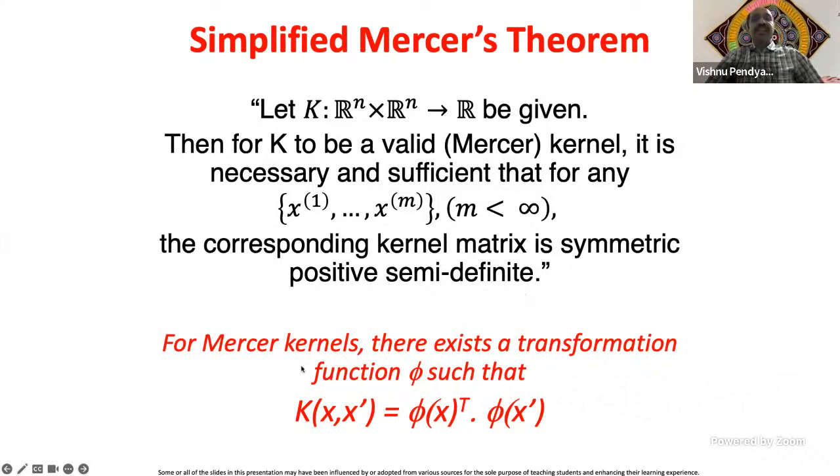And for Mercer kernels, it is proven that there exists a transformation function phi such that the kernel of two vectors is the dot product or the inner product of the transformed vectors. Isn't that cool? So now we are solving our problem. We now came up with a function which can express the inner product of two vectors in the transformed space. So all we need to find is a function which meets the Mercer's conditions. That is, it is positive, semi-definite.